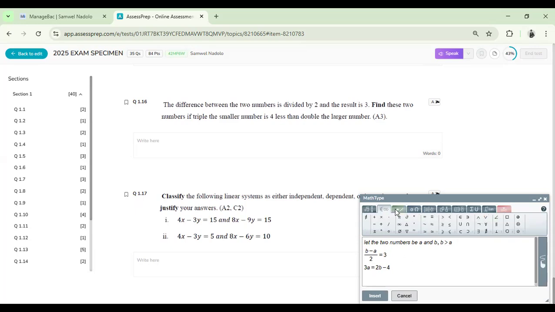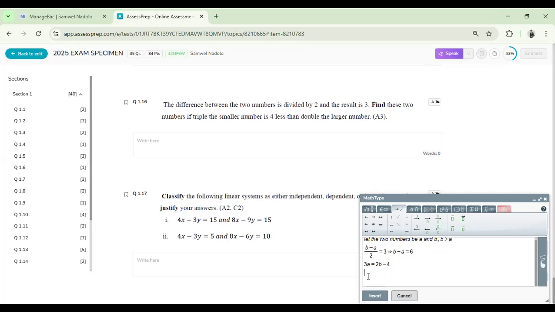Let's look at number 1. B minus A over 2 is equal to 3 will become B minus A is equal to 6. Why? Because I have cross multiplied: 2 has gone to the right hand side and it has become 6.